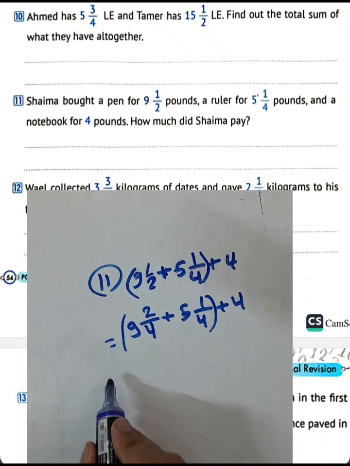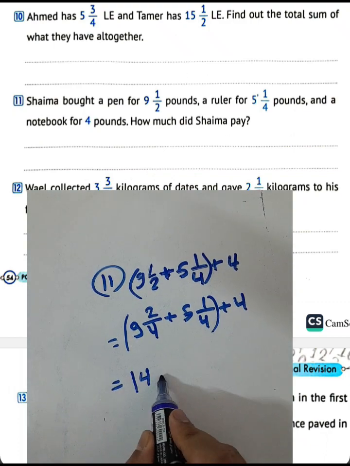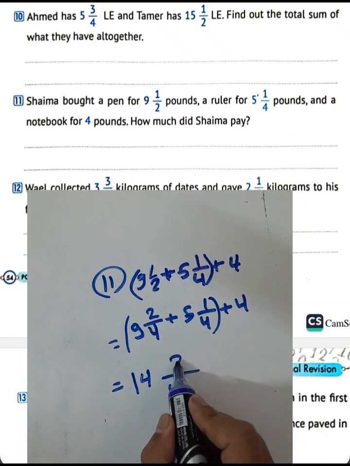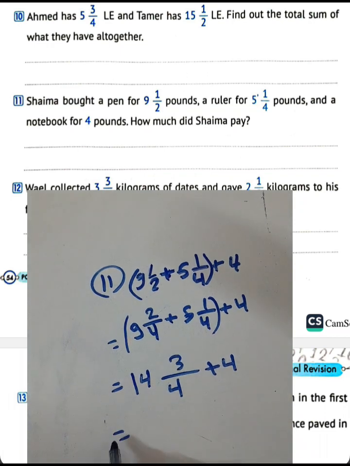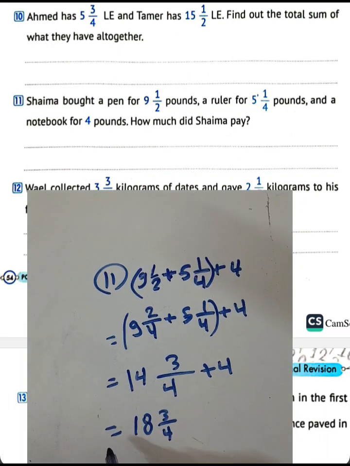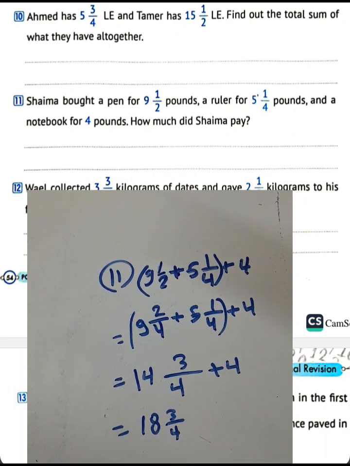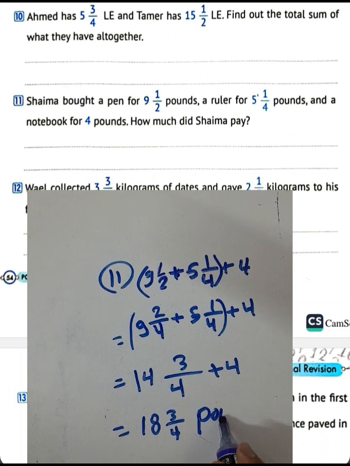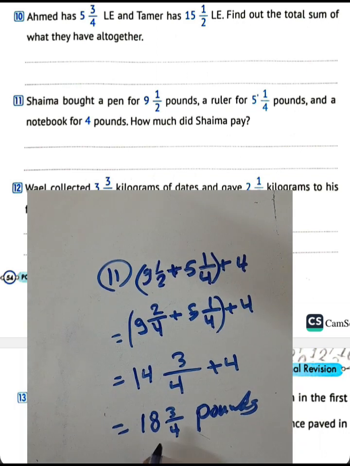Then 9 plus 5 equals 14, and write 4 in the denominator. 2 plus 1 equals 3, and here 4. 14 plus 4 equals 18, and 3/4 is the result. So the result will be 18 and 3/4 pounds.